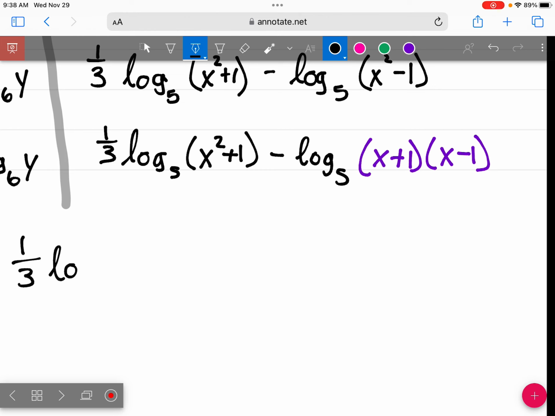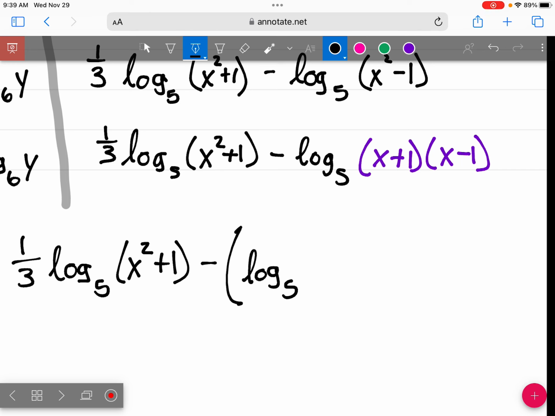1/3 log base 5 of x squared plus 1 minus log base 5 of x plus 1 plus log base 5 of x minus 1.